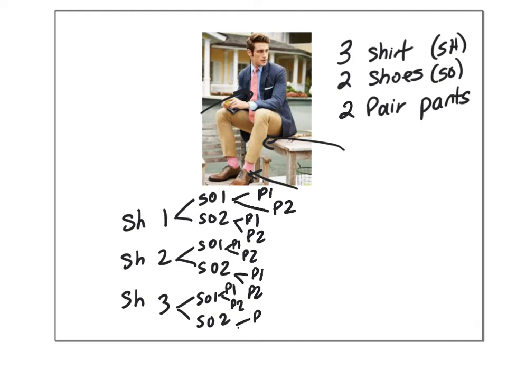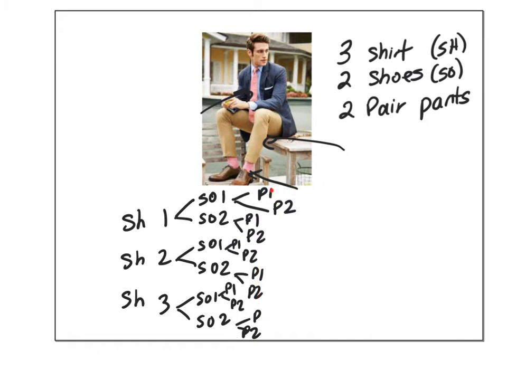So if you look at this tree, I hope it's not too confusing, but what we have here is with shirt number 1, he could wear shoes 1 and pants 1. With shirt number 1, he could wear shoes 1 and pants 2. These are all at the end. These are all different combinations that he could wear.